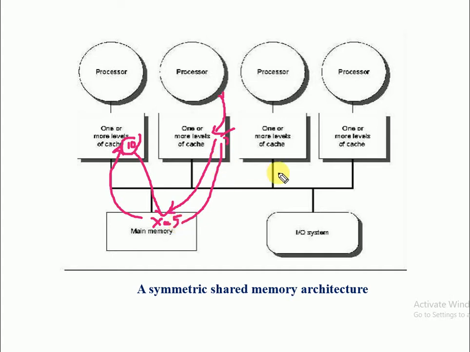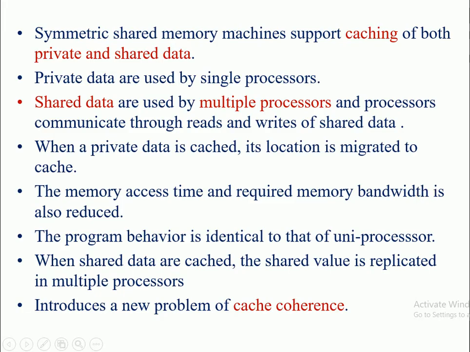Similarly, if the data is present in the cache and some other cache also writes some other data based on the same value, there may be some problems, because it won't be accessing the correct data each and every time some other processor tries to access the data. So this creates a problem that is called cache coherence. What is cache coherence?